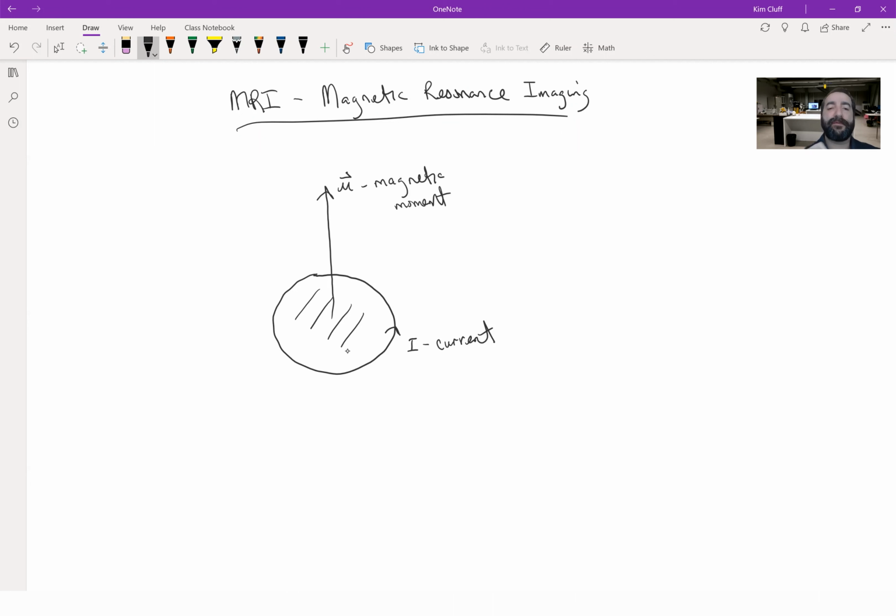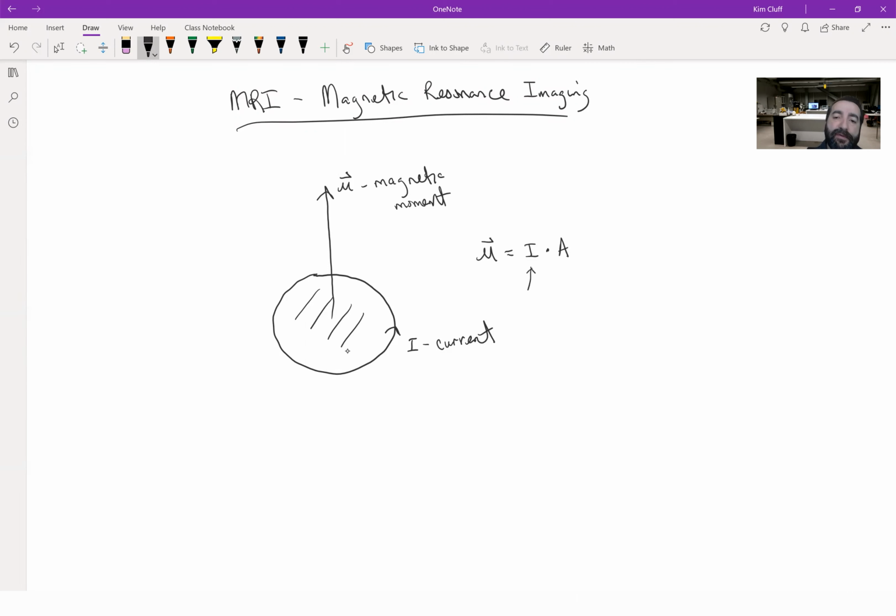This magnetic moment follows the right-hand rule. And the strength of this magnetic moment, mu, will be equal to the current times the area.